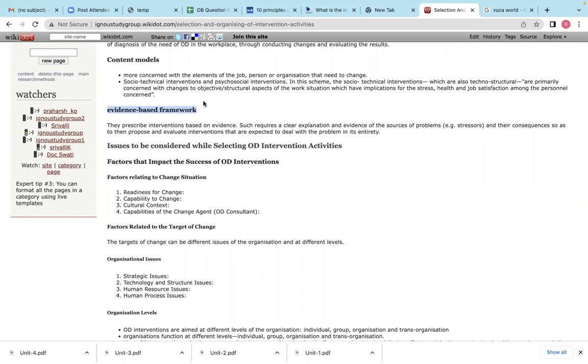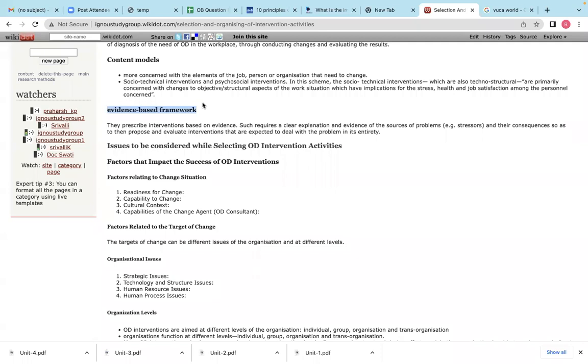Other than process model and content model, the other framework that people use is the evidence-based framework, which is gaining popularity, where organizations develop what activities to be done and what activities not to be done based on experiential knowledge, based on evidence which is already available, which was gathered by other organizations or this organization or other units. Right.